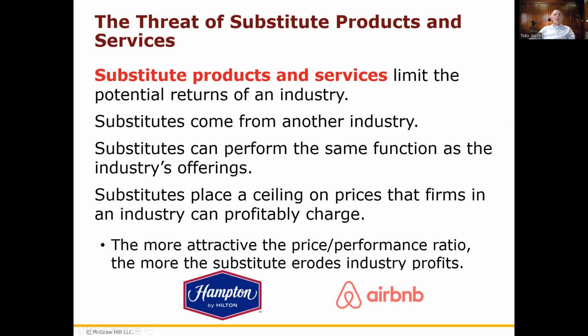The threat of substitute products and services limit how much money you can charge for your product or service. And so you think about substitutes. If you're in the entertainment industry, maybe you are a venue that hosts concerts. Well, your competition isn't just other venues that host concerts. It's any type of entertainment.